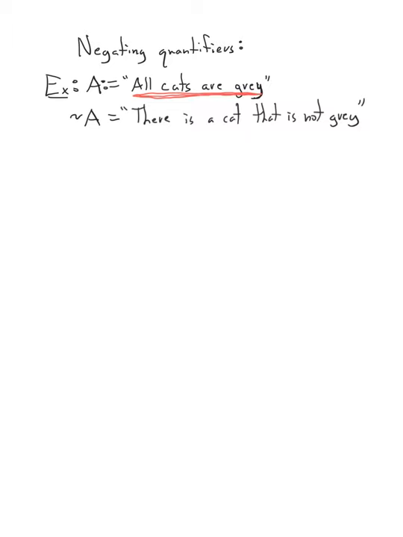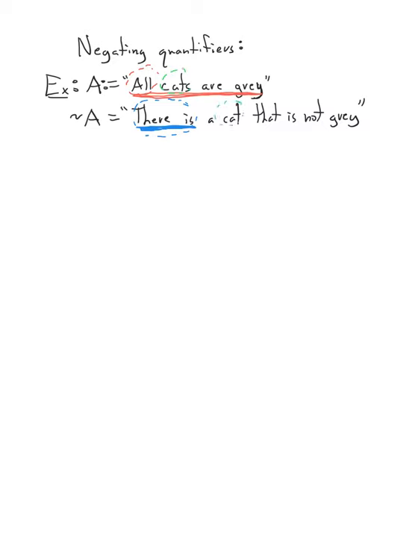Intuitively, we know this is true. But let's think about what changes. We have a new quantifier. We changed our universal to an existential. So we changed this "all" to a "there is." And the object stayed the same. We're still talking about cats.